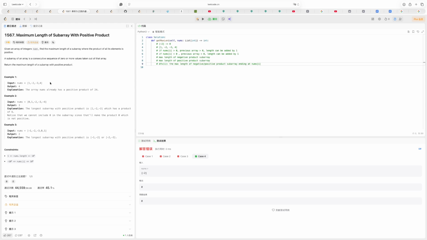So yeah, like if we have the negative, this is a positive maximum length ending at -3, so it is 3, and when it comes to 4, we have a choice, like adding, like no choice, but we can, yeah, the positive array can be added by 1 and the negative array will be 1.